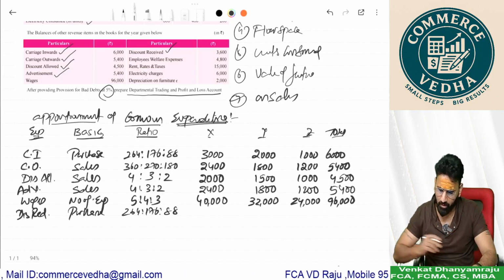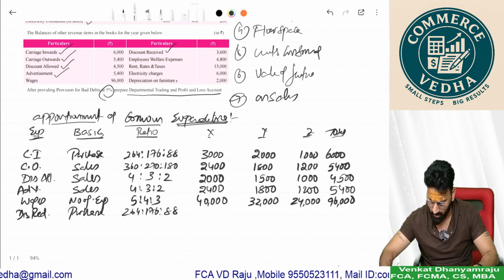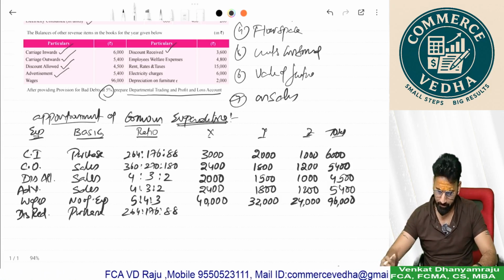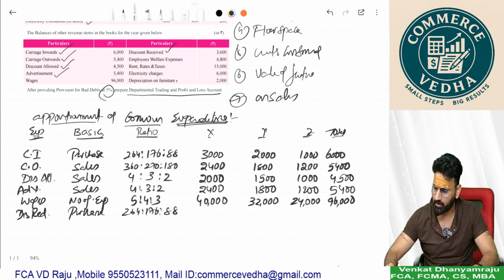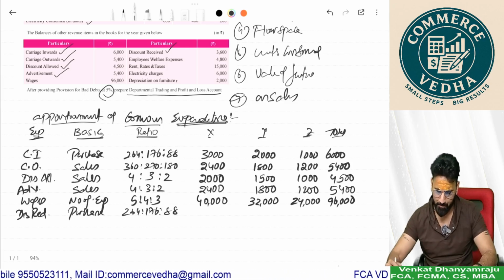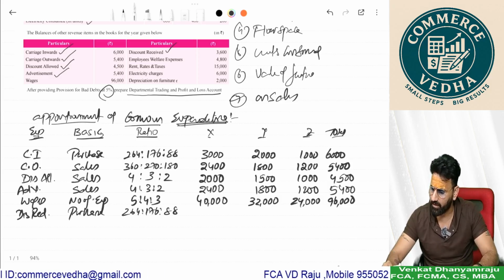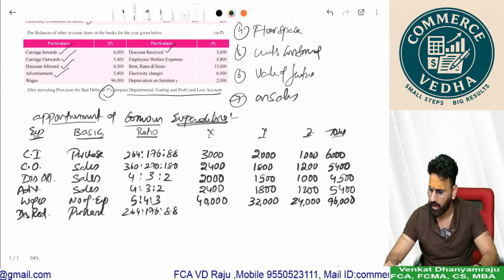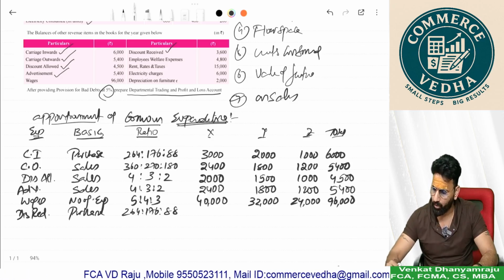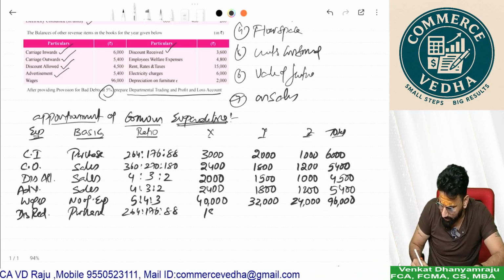So the total discount received is 3600 divided by 264 plus 176 plus 88, which is 528. So it is 3600 divided by 528 into 264, which is 1800.